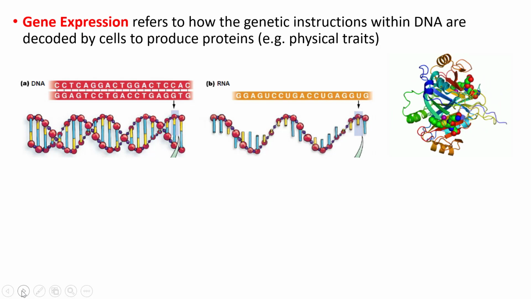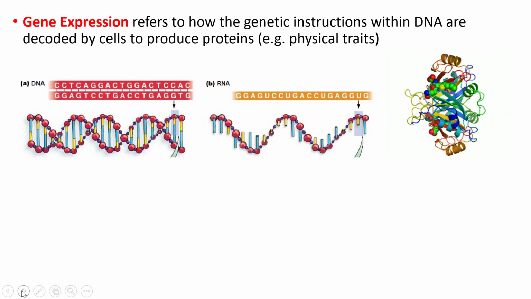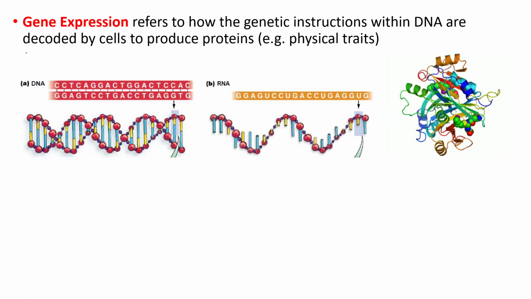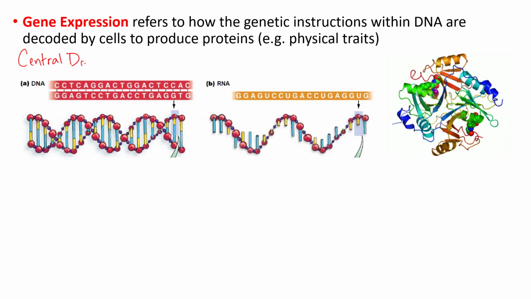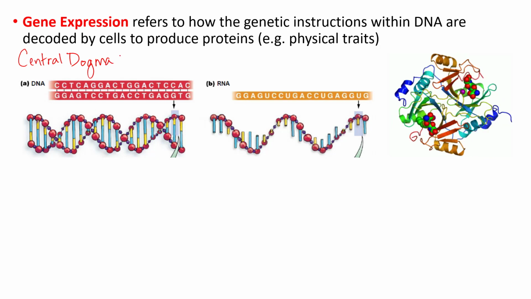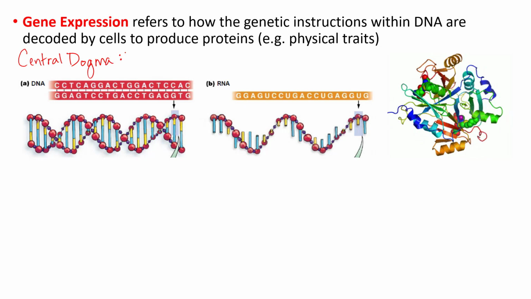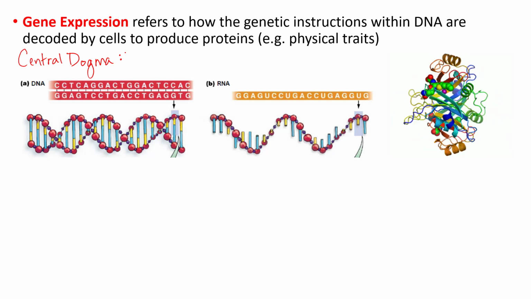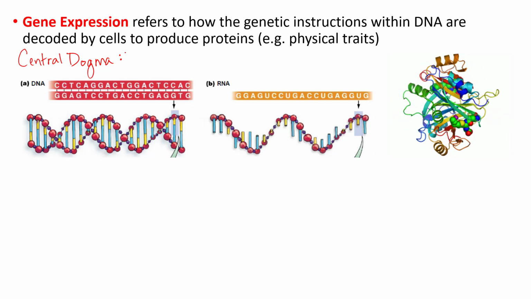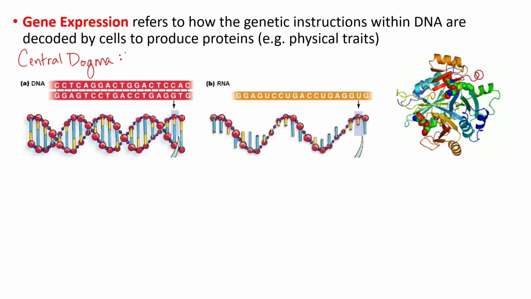So this is referred to, like I said, as the central dogma, because there is a process, sort of a flow, if you will, of how the cell decodes genes.